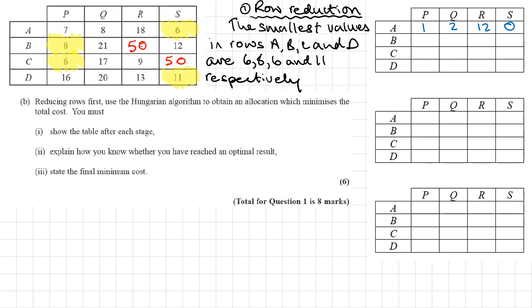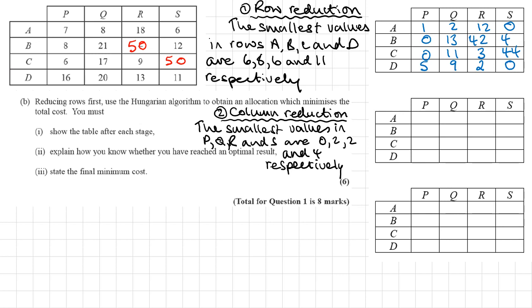That will give me 0, 13, 42, and 4. Row C, take away 6 from each of these values. I'll have 0, 11, 3, and 44. And then in the bottom row, I'll take away 11 from each of these values. And so that will leave me with 5, 9, 2, and 0.